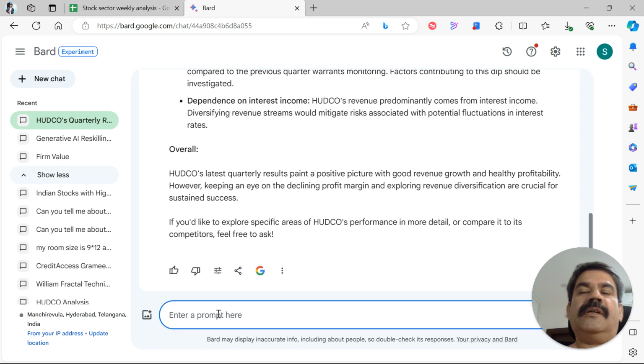Now, since it's a financial institution, I would like to understand what is the NPA for Hoodco, and is it increasing over a period of time.